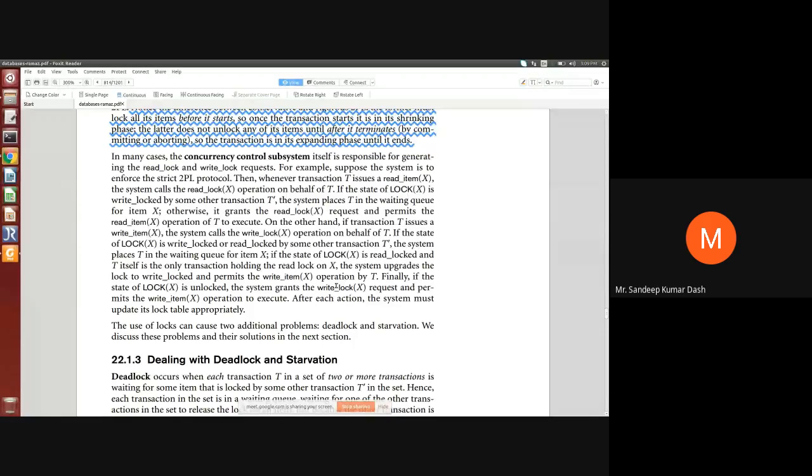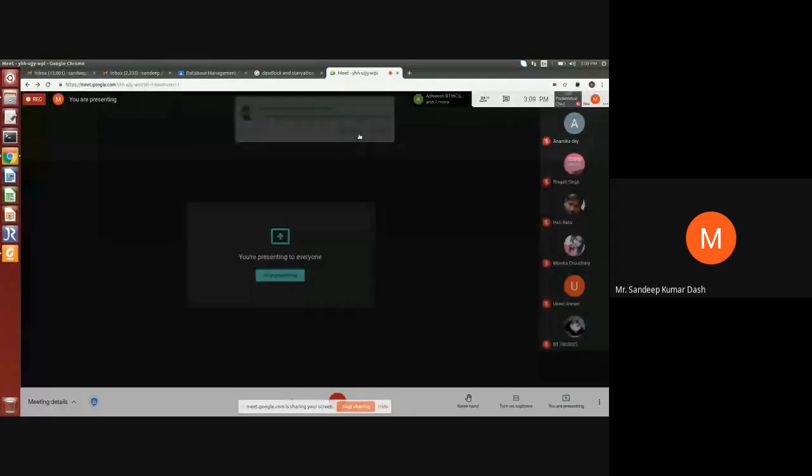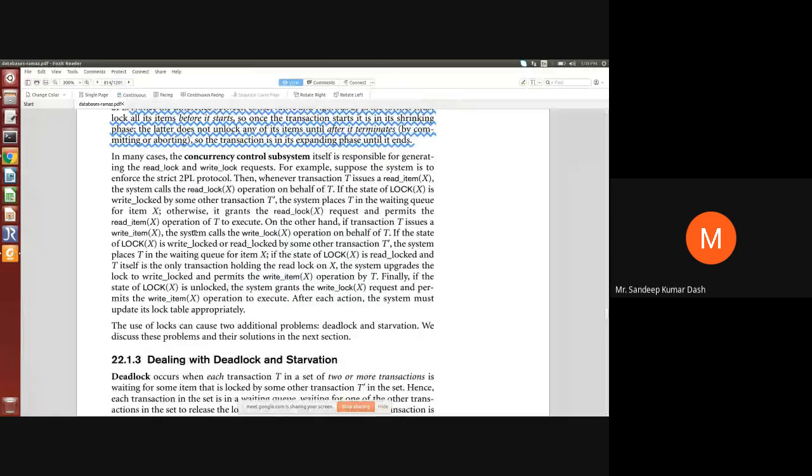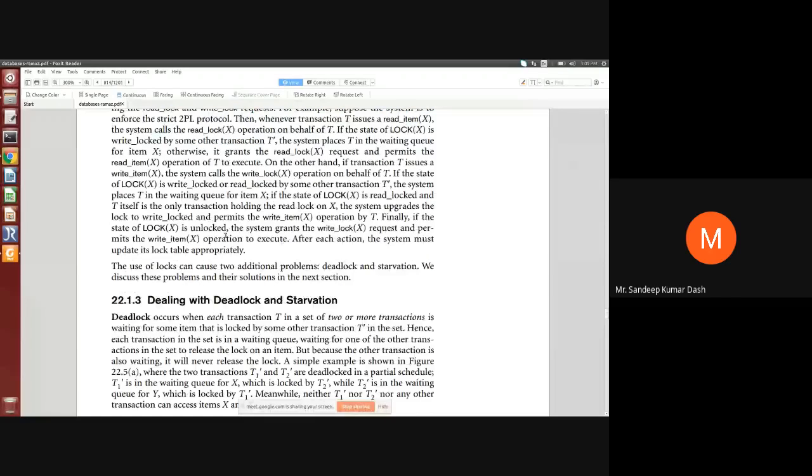There it is with respect to a process: two or more processes waiting for each other to release the resource so that they can use it, which may give rise to deadlock. Here also, when two or more transactions are waiting for each other to release the lock on the required data item, that may give rise to deadlock.